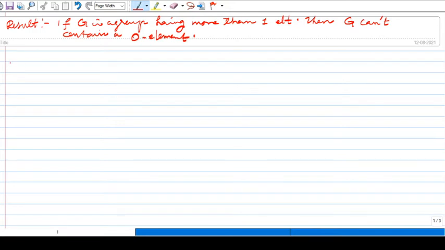That is, if the cardinality of G is greater than 1, then G cannot contain a 0 element. So we will prove this by contradiction.